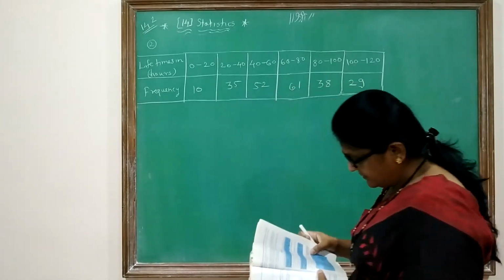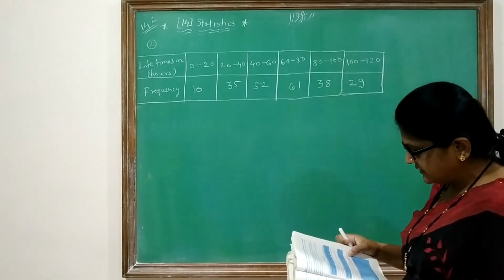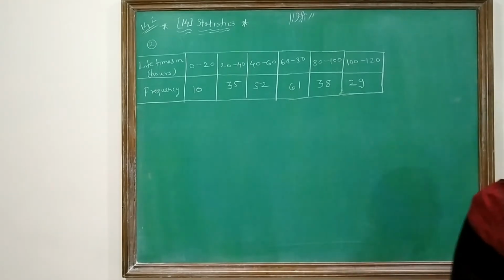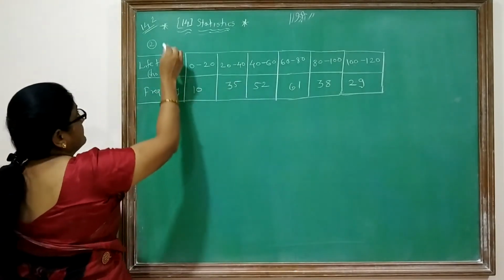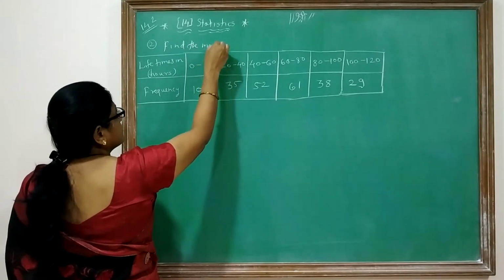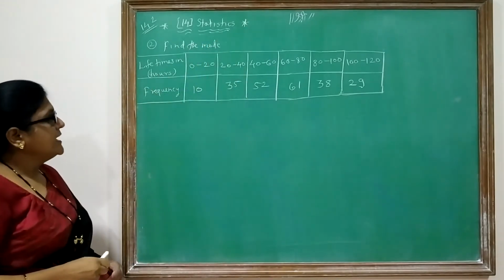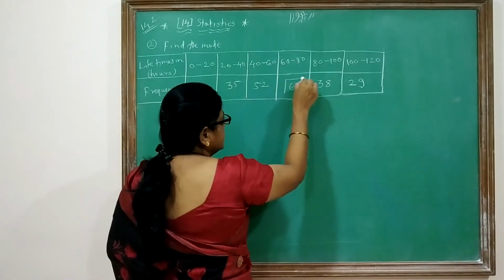Again you will check your frequencies: 10, 35, 52, 61, 38 and 29. And find the mode. Then in frequency, which is the greater value? This 61 is the greater value.